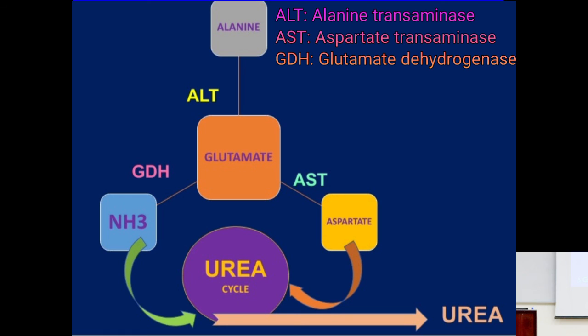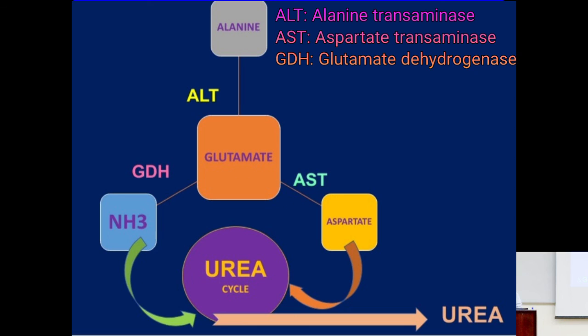So now you have the two sources of nitrogen. This is really a very important conceptual slide. The two sources of nitrogen coming from glutamate. Why is that important? It's important in that these are the only two nitrogen forms that can enter the urea cycle, either ammonia or aspartate.